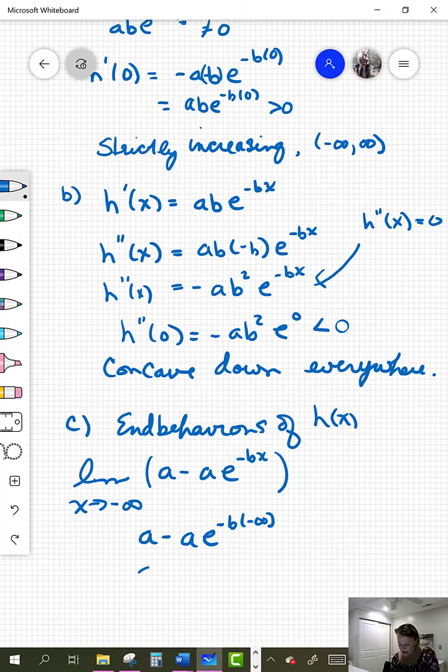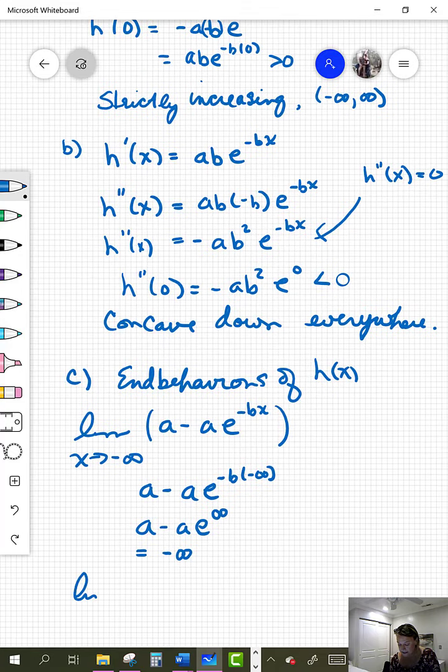Well, if I'm taking a minus a e and raising it to a positive number that's going off to infinity, because a negative and a negative, this is going to be a constant minus infinity. So this end behavior, this is shooting downwards. It's going to negative infinity.